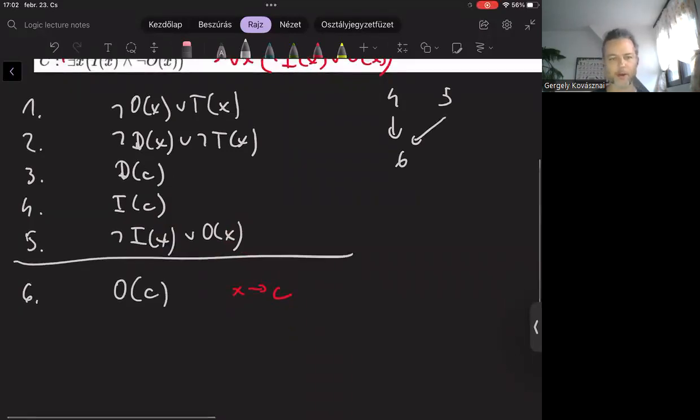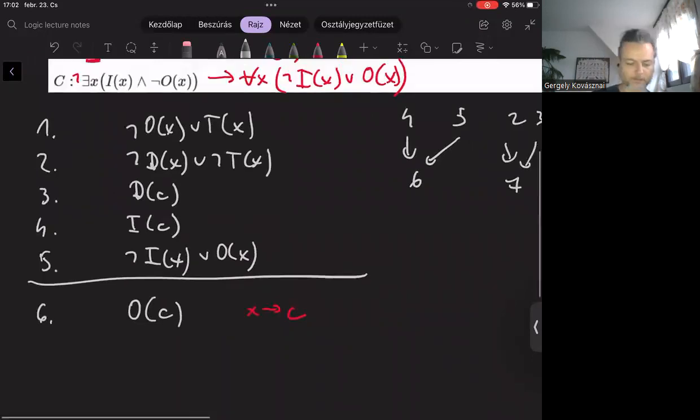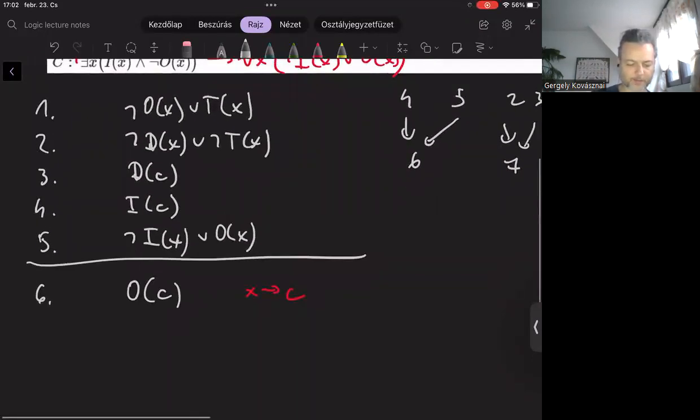Okay, let's keep going. In the next step, let me pick clauses 2 and 3 and generate a new clause, clause number 7.